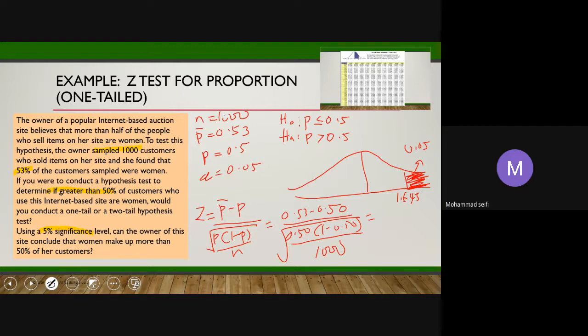I believe it's 1.8. Is 1.8 more than or less than 1.645? More than, so it falls in this rejection area. So what is your decision? Reject the null hypothesis.